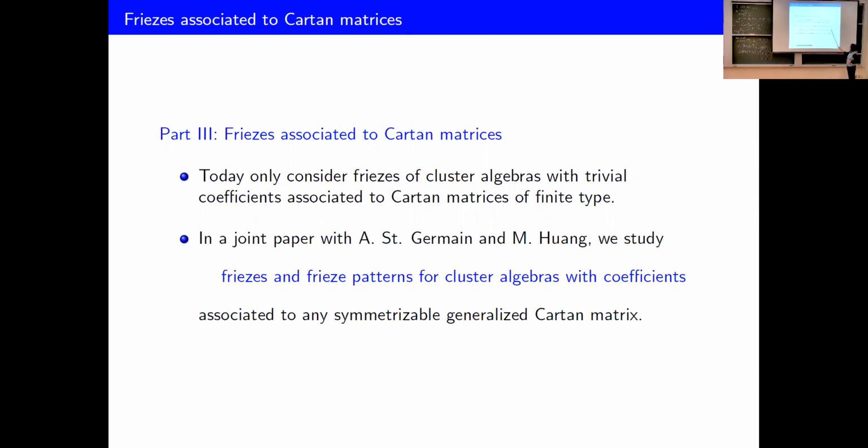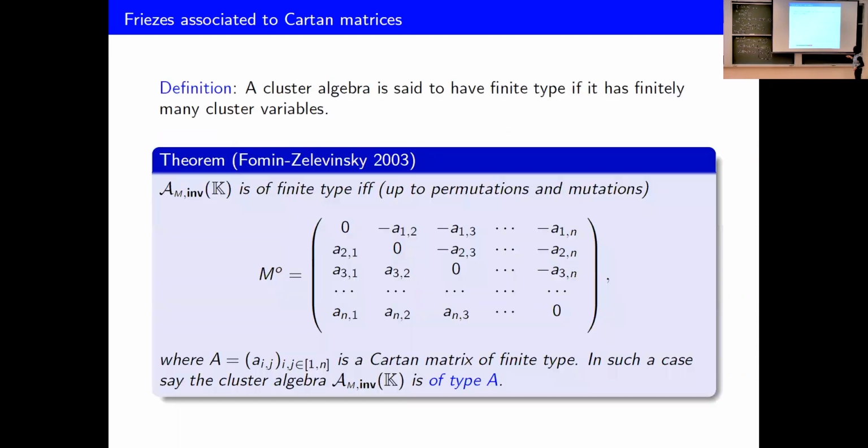It's actually rather non-trivial. You put in coefficients and how do you arrange them, and how to reconcile the two different definitions, and how to see the diamond rules, how to generalize the diamond rule, and what's the role of the coefficients and all of that. There's a very nice story, but I don't want to talk about that in more detail here. So what I will talk about today is only trivial coefficients and finite type.